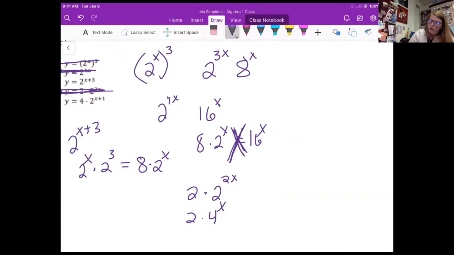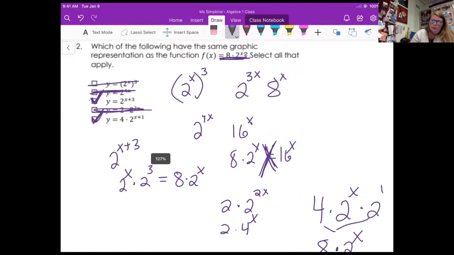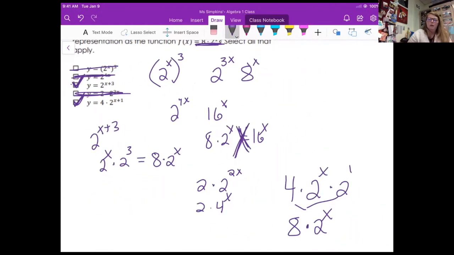So I have 4 times 2 to the x plus 1. We can break that up into 2 to the x times 2 to the first. What's 2 to the first? 2. 4 times 2 would be 8 times 2 to the x, which is the one we were looking for. So the third one and the fifth one would have to be right. I'm going to leave that up for a second.